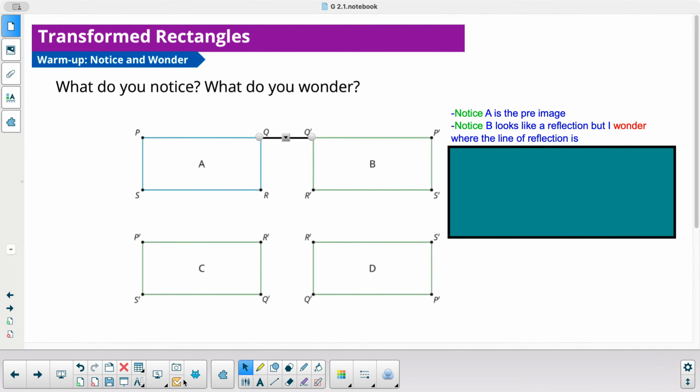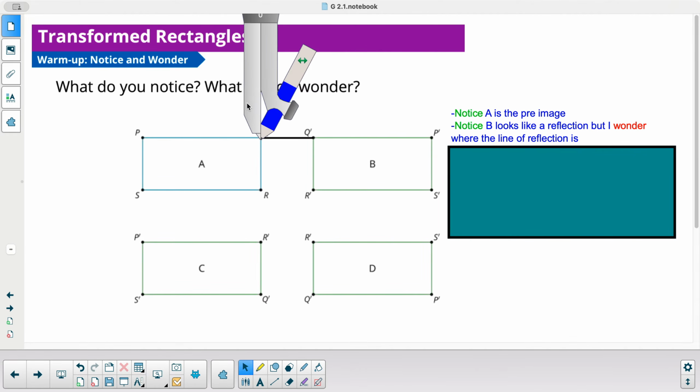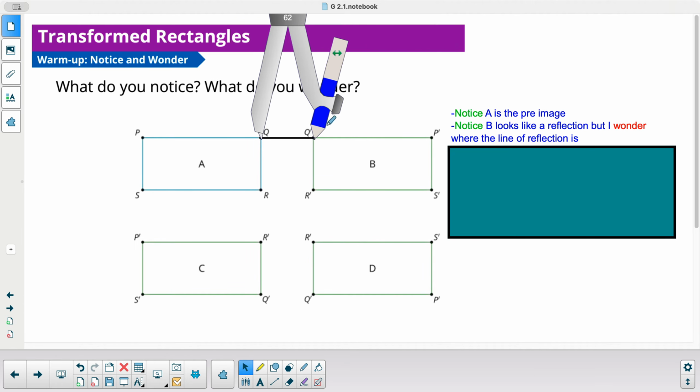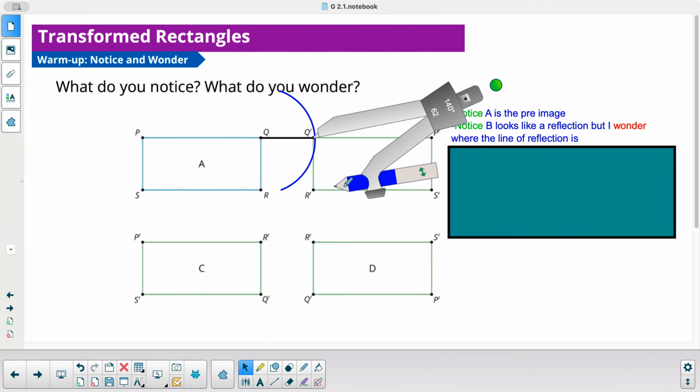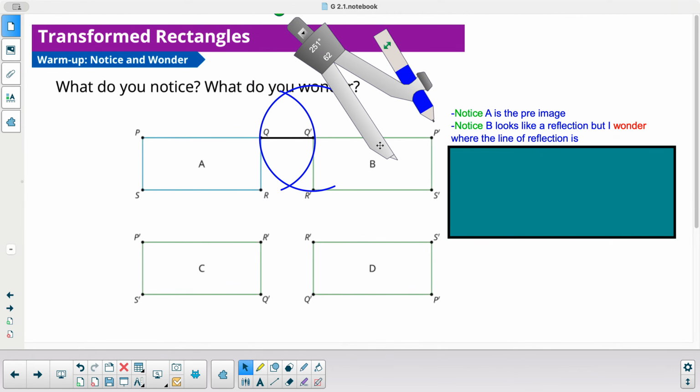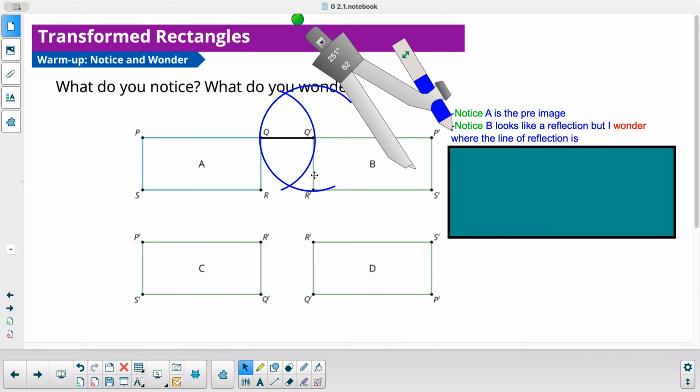Construct that segment, and then I could find the perpendicular bisector. And my picture, it's a little off, it's a little crooked, but you would connect these dots here. And that would be your line of reflection there, okay? And you can see Q goes to Q prime, R goes to R prime, S goes to S prime. So there's my line of reflection if I wanted to find it.